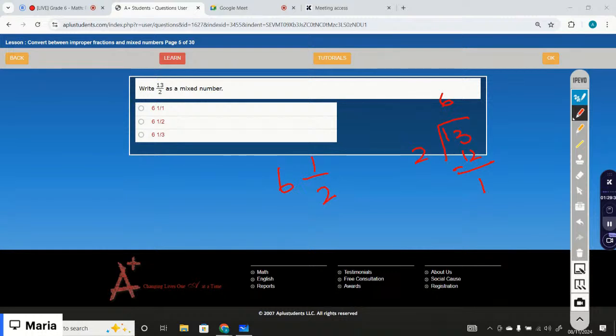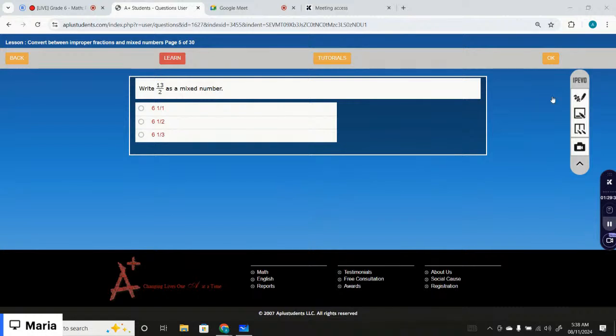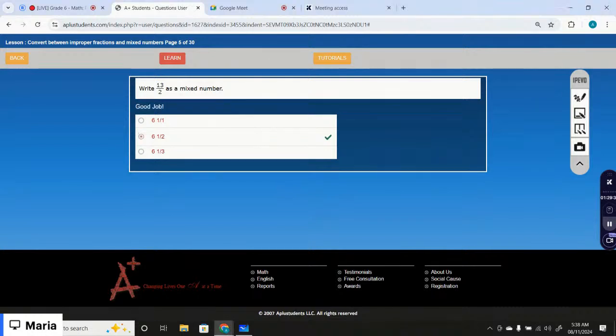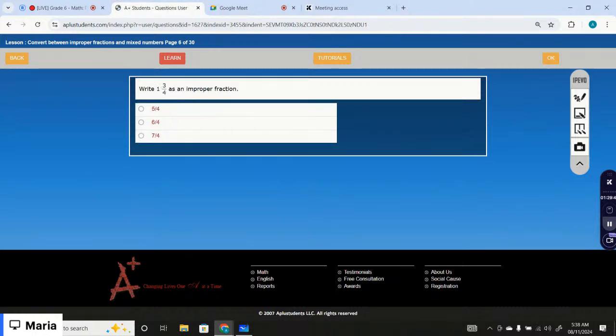The correct option is 6 whole 1 over 2. That is 7 over 4. Option number 3 is the correct option.